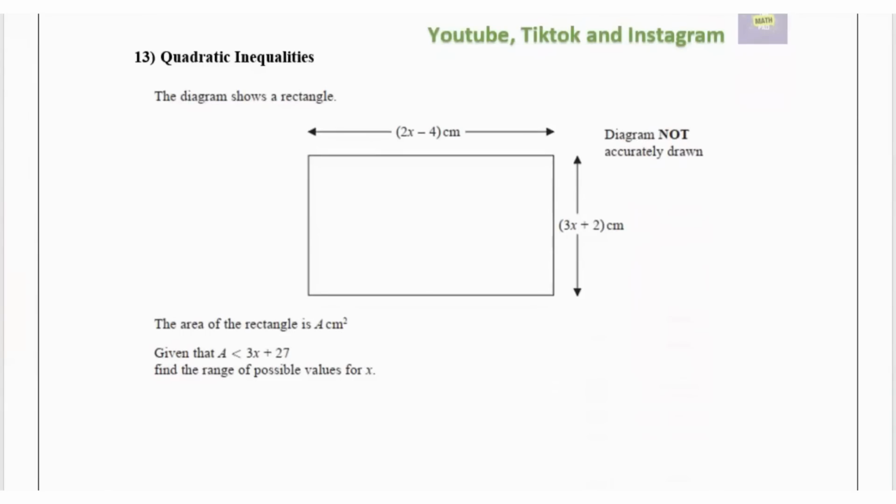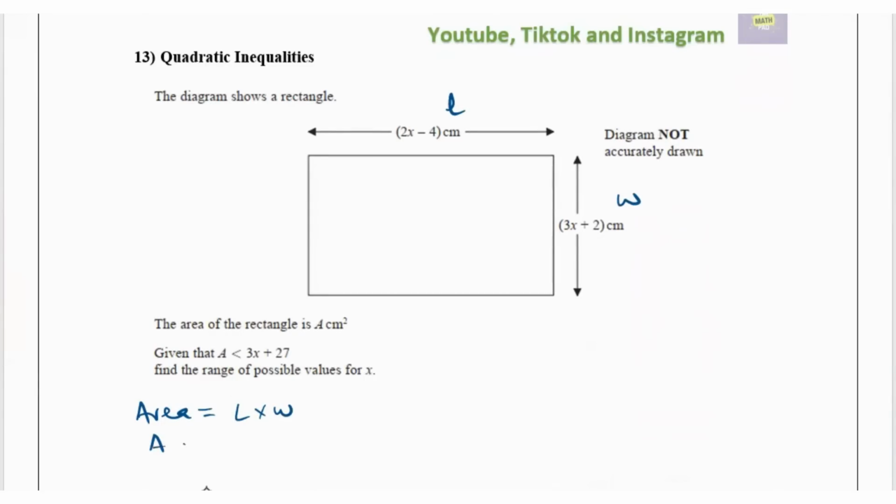Then it says the diagram shows a rectangle. The area of the rectangle is a centimeters squared. Given that a is less than 3x plus 27, find the range of possible values for x. So we know area is length times width. This is your length, this is your width.